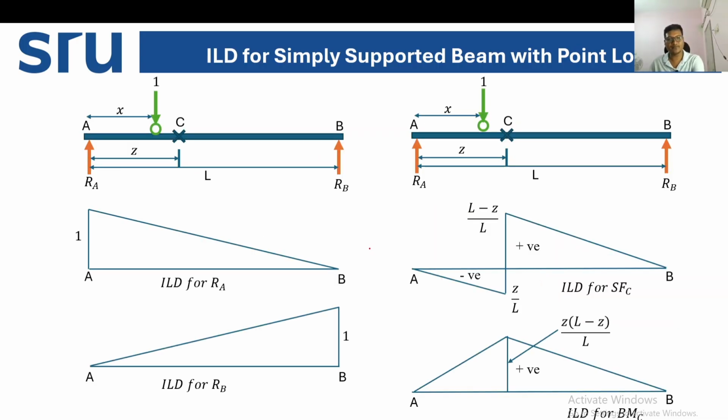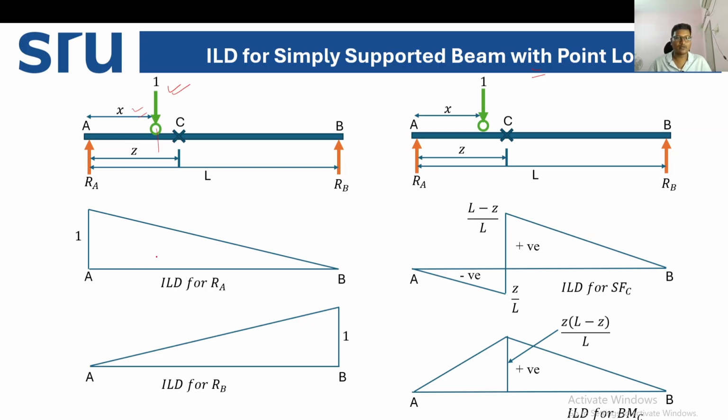Coming to the case of how we can draw the influence line diagram for a simply supported beam with a point load: whatever the load, we have converted it into a point load, a unit load, right? A unit load is moving from one end to the other end. Let's say at this particular position, the distance from end A to the unit point load is x.